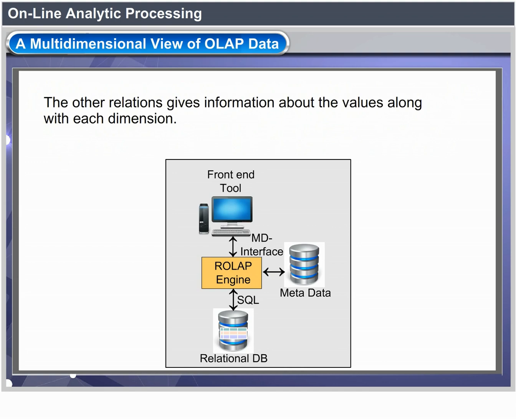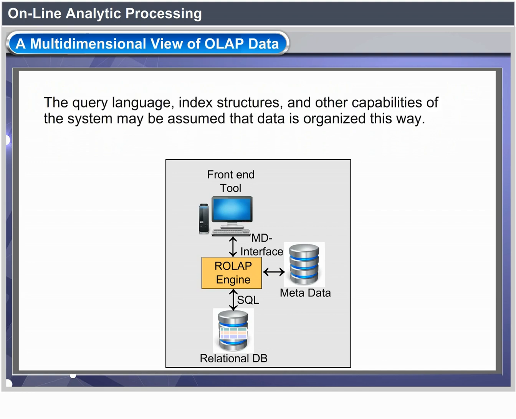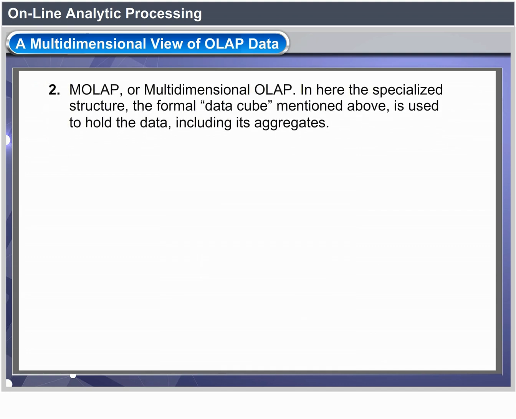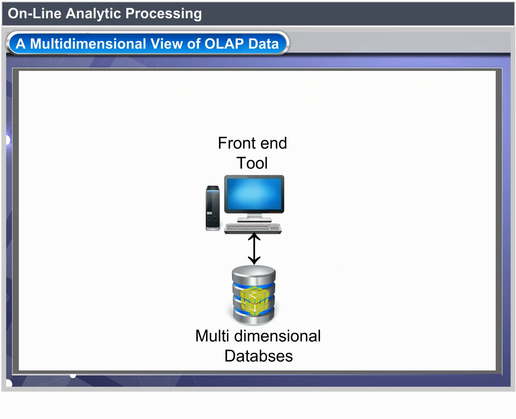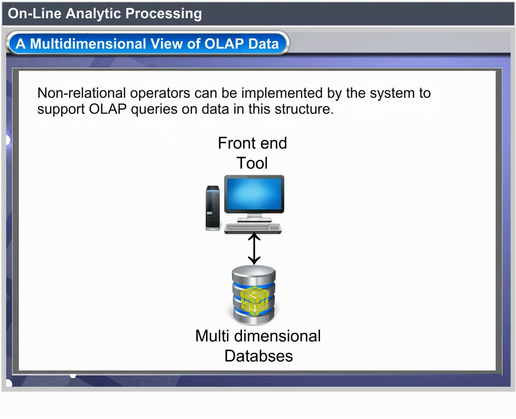The query language, index structures, and other capabilities of the system may be tailored to the assumption that data is organized this way. Number 2, MOLAP, or multi-dimensional OLAP. Here, a specialized structure, the formal data cube mentioned above, is used to hold the data, including its aggregates. Non-relational operators may be implemented by the system to support OLAP queries on data in the structure.